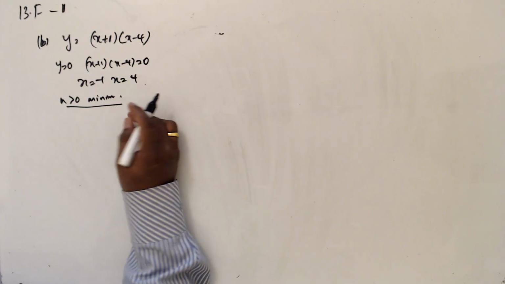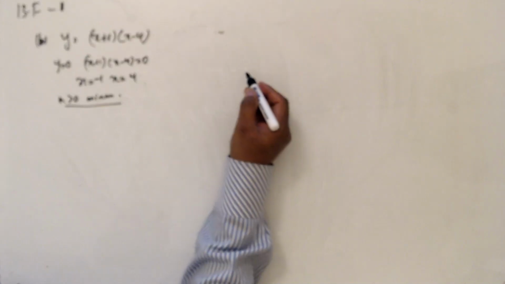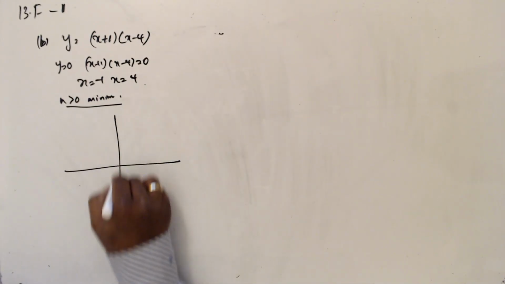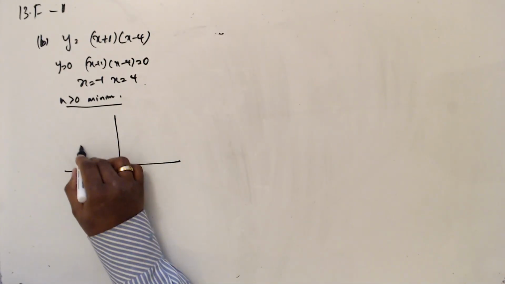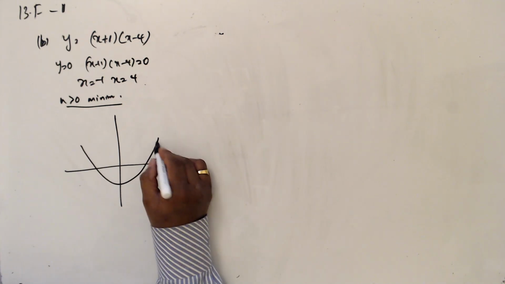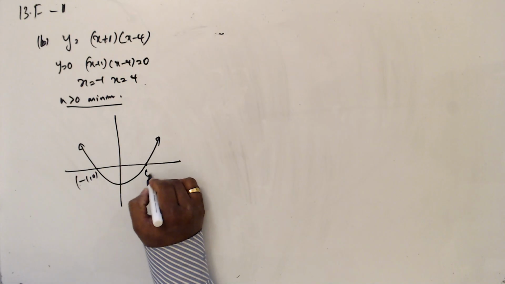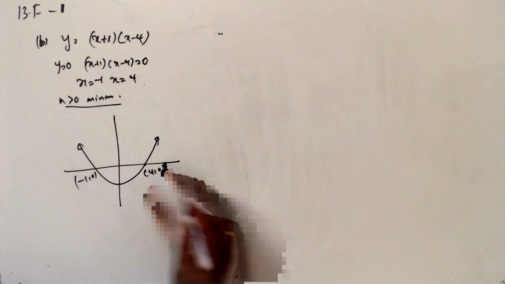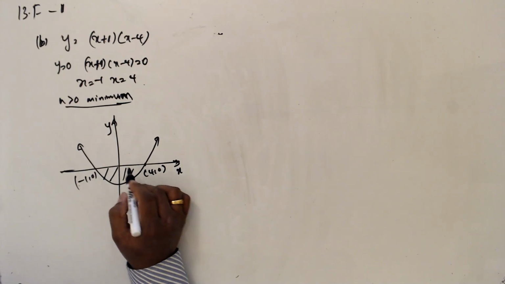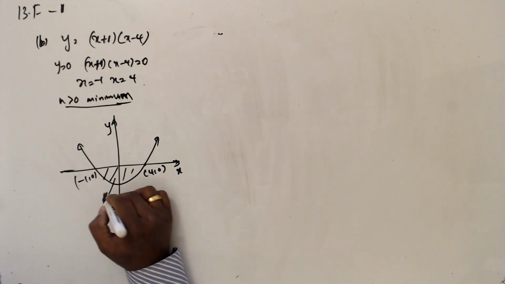Now this is minus 1, 0. This is 4, 0. Now we want to find this finite area.